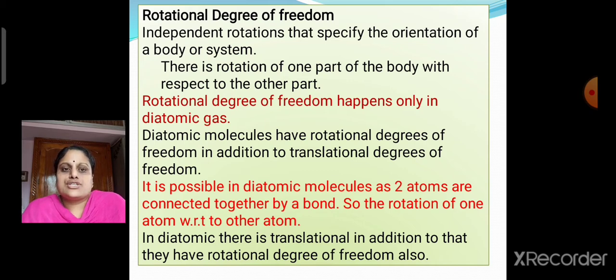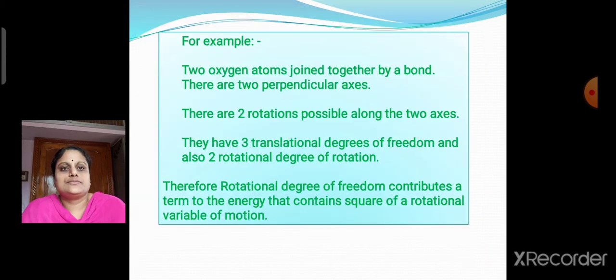That is, in diatomic molecules, there is translation and in addition they have rotational degrees of freedom also. For example, two oxygen atoms are joined together by a bond.